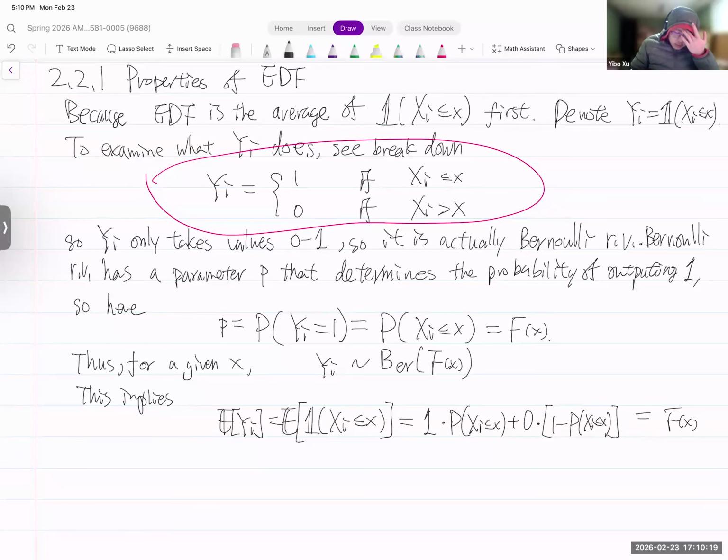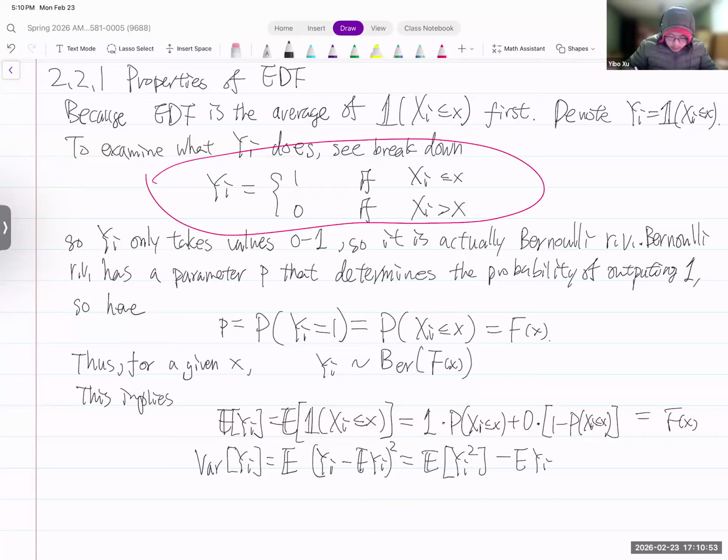Now remember the variance is also easy to calculate. The variance of Yi is the expectation of Yi squared minus the expectation of Yi, whole thing squared.